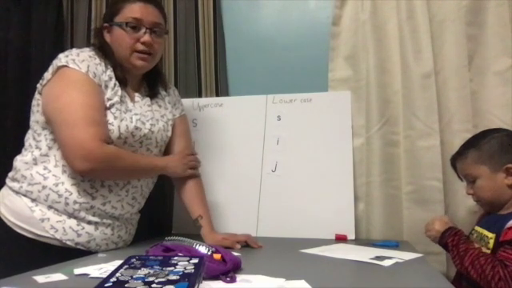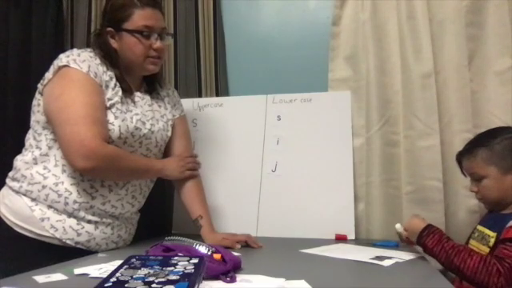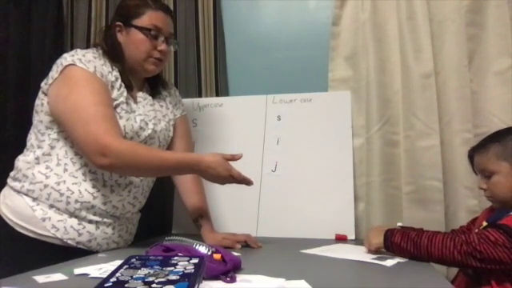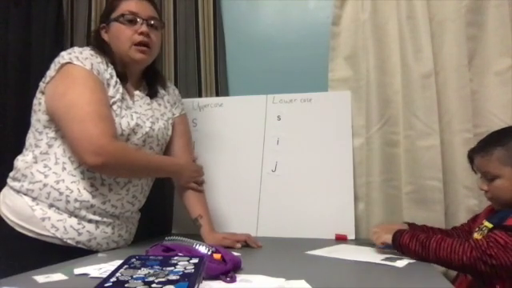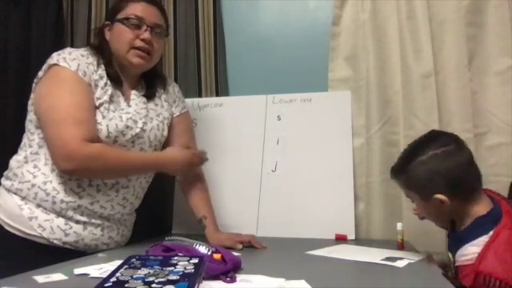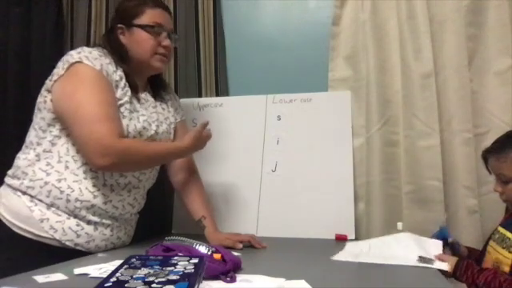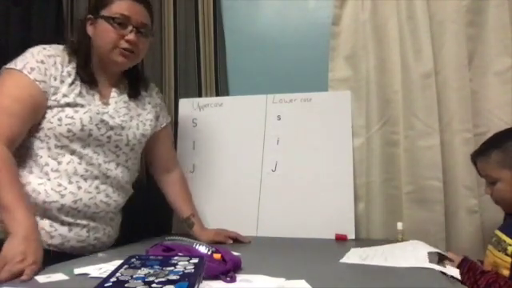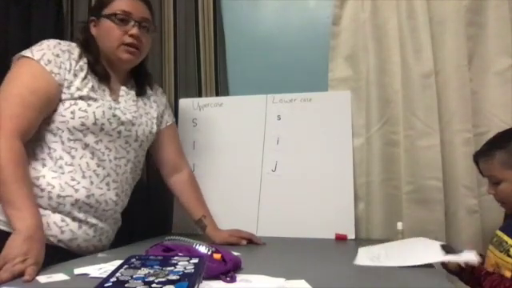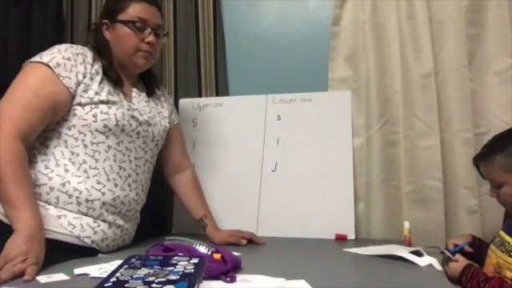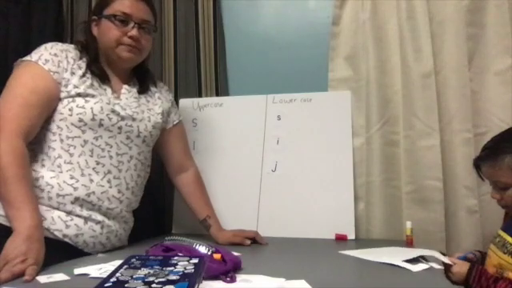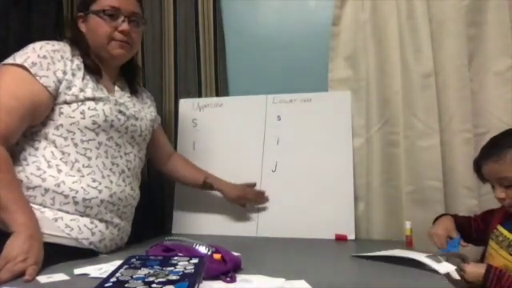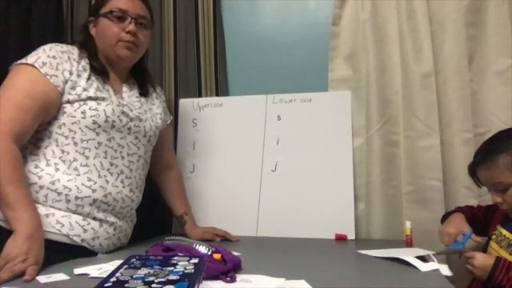The way to grade it is, whenever he finishes, we can grade the information that he put down, and that way you can see if he understood. If he does in fact know his uppercase and lowercase letters, great, and if he doesn't, we can give him a little bit more help. And that is the way that you can use the sorting activity with pre-K students.